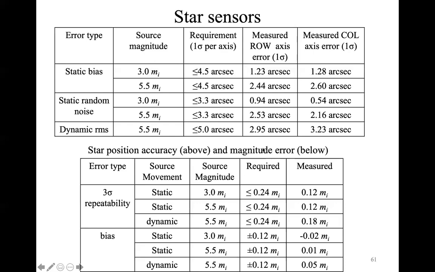If you have an error in the magnitude of the star, you can have, for example, a mismatch. So when you want to detect a certain star, you have to be careful that the magnitude of the star that you're looking at can be affected by an error of about 0.24 magnitude.